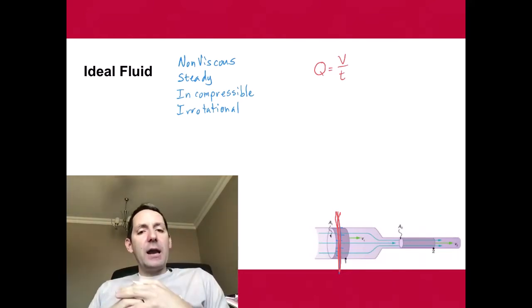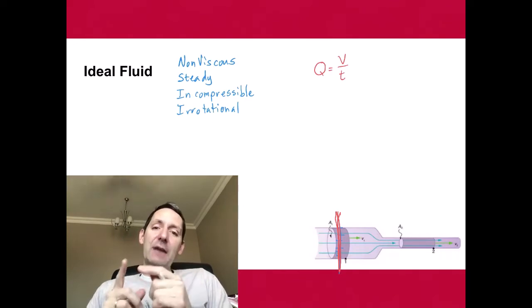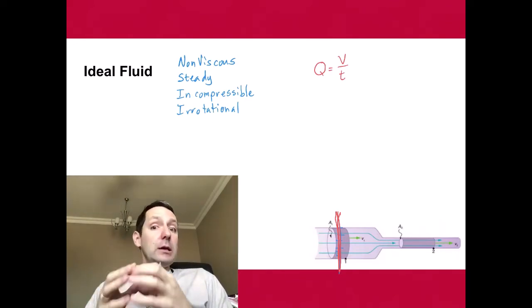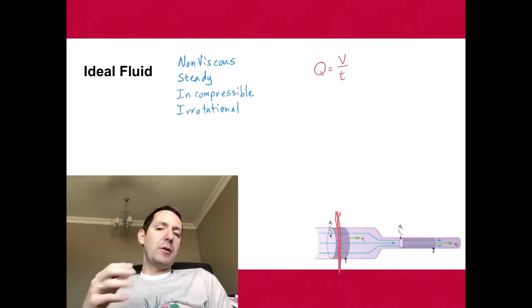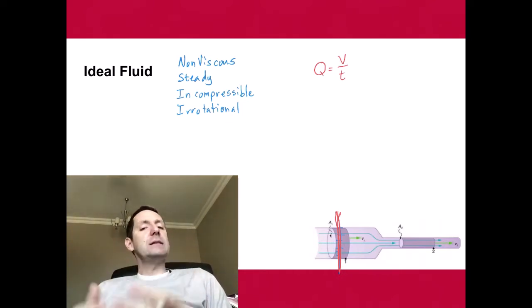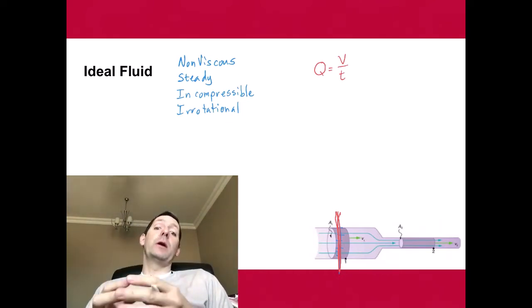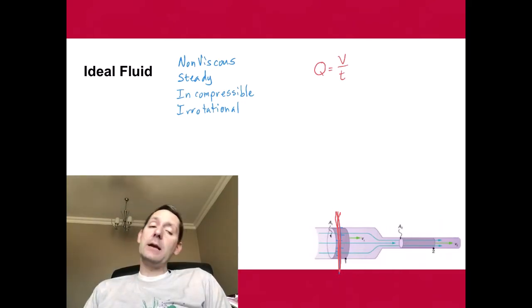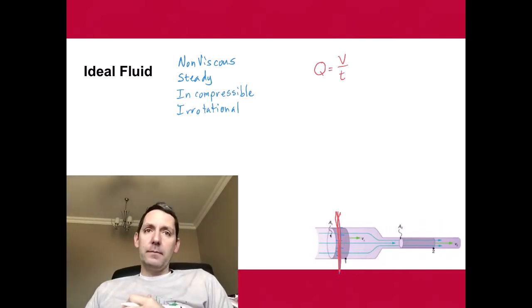Now, this is not in your formula packet because it's a definition. You need to know this. Just like some of the things like velocity and acceleration aren't always in your formula packet. If it's a definition, you just need to know what it is. So volumetric flow rate is volume over time.